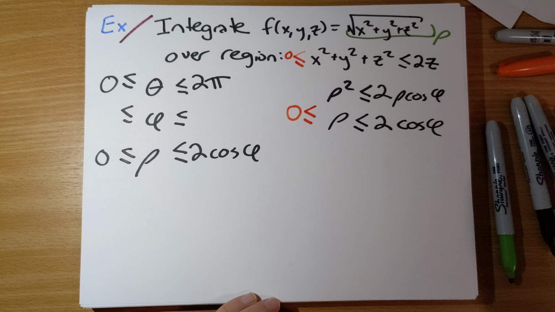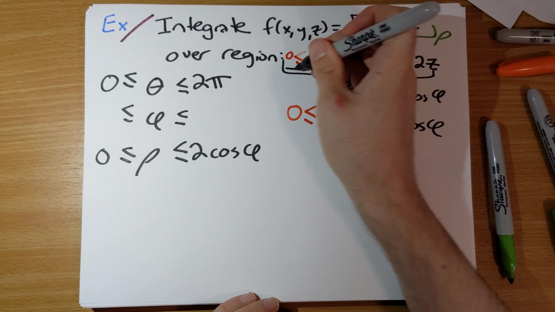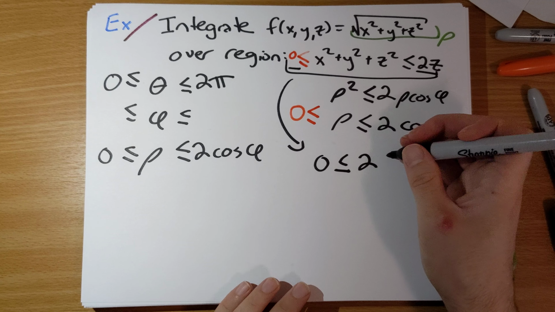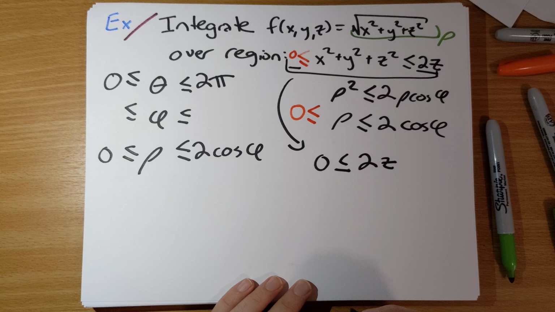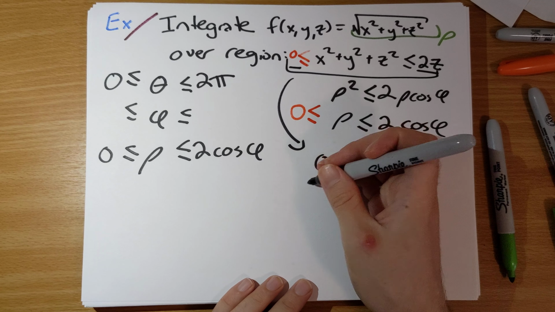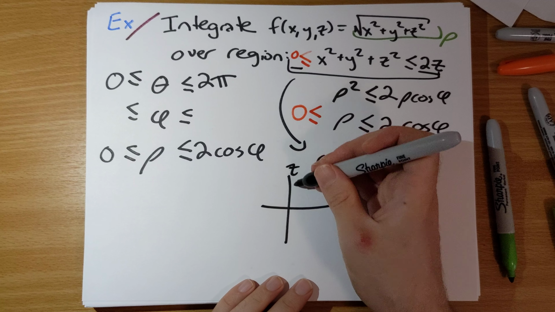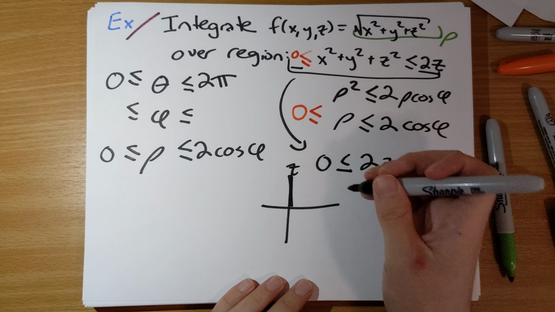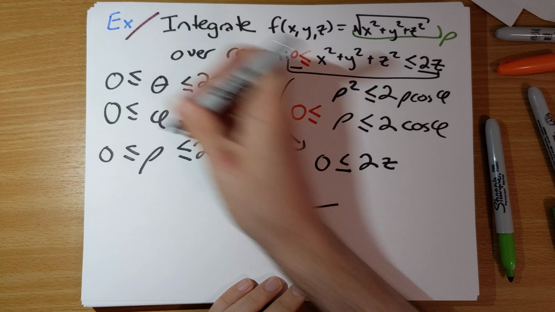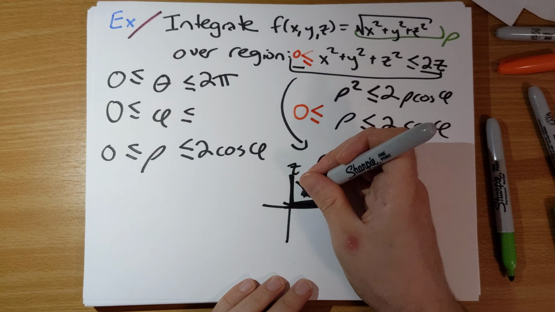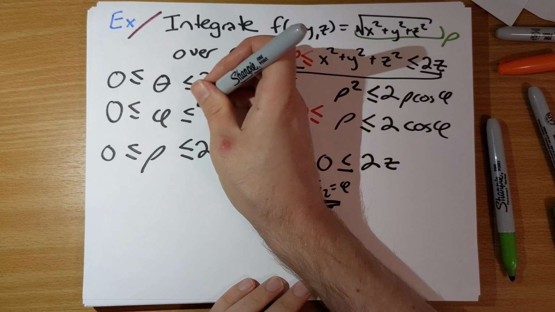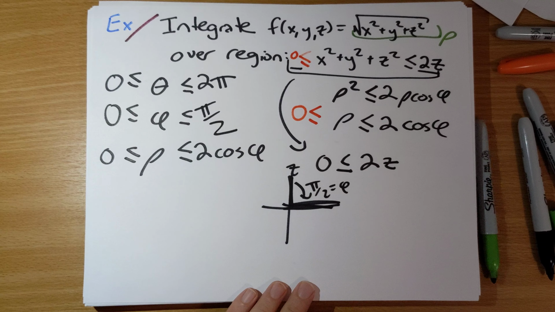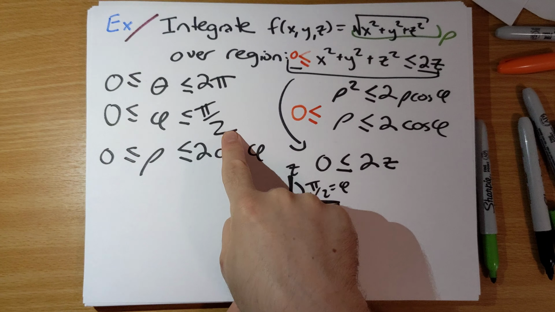Combining this part and this part together shows 0 is less than or equal to 2 times z. When is z positive? Here's the z-axis. Z is positive all the way from phi equal to 0 to phi equal to pi over 2. So it's not all the way from 0 to pi, which is a common mistake to make here. Phi is from 0 to pi over 2.